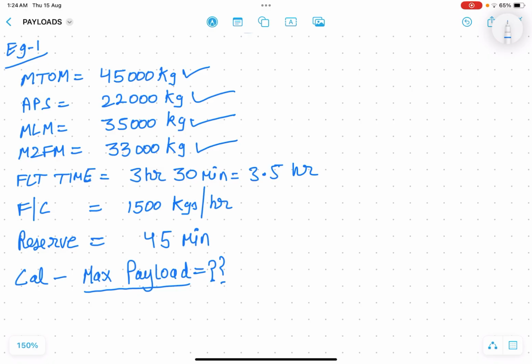It means for every hour the plane engines will be consuming 1500 kilograms of fuel, and the reserve is for 45 minutes. So now let us start with the question and solution.